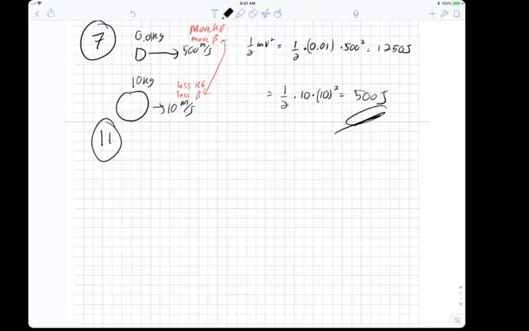11. A 2-gram plastic ball is moving to the left at 30 meters per second. How much work must be done on the wall to cause it to move to the right at 30 meters per second? This question's awesome.